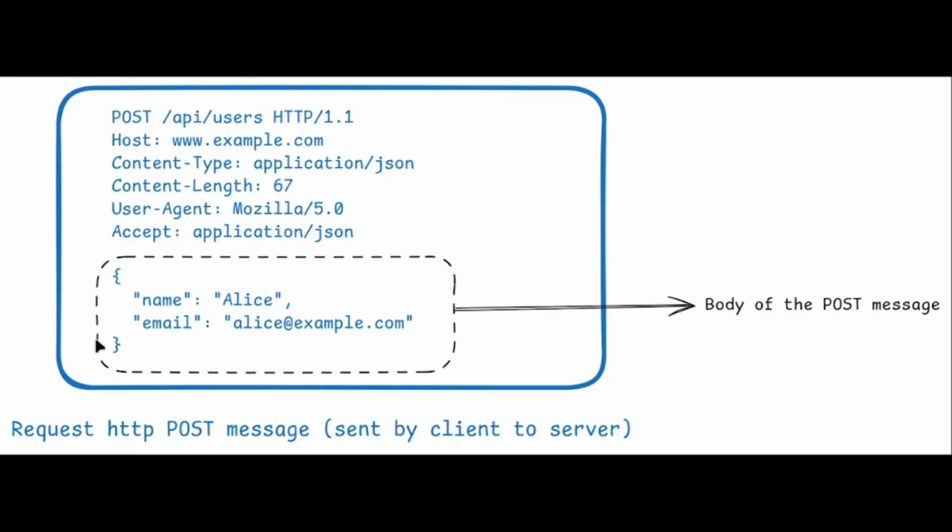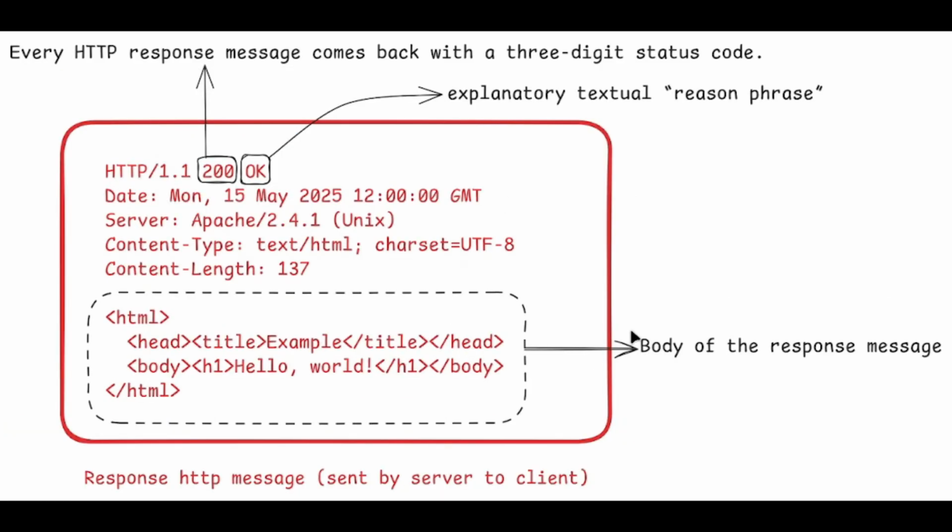The specialty of POST is that it carries with itself some payload which is intended for the server. The server will make use of this information somehow. It is formatted in JSON format, and it is a POST HTTP request. It will go to the server, and in return the server will send an HTTP message like this.